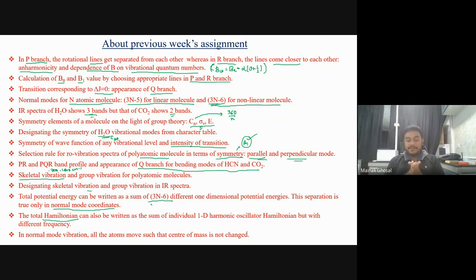So this was the previous week's discussion that I took a session on, and several questions were discussed about the P branch, Q branch, R branch, and also parallel and perpendicular modes, and skeletal group vibration.